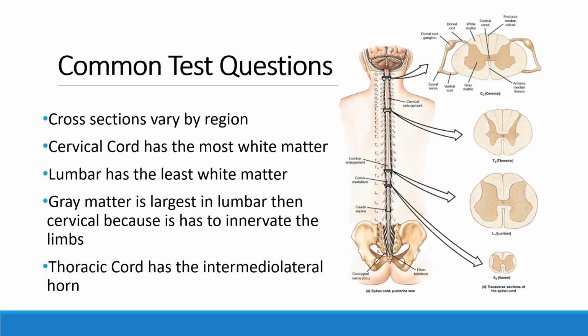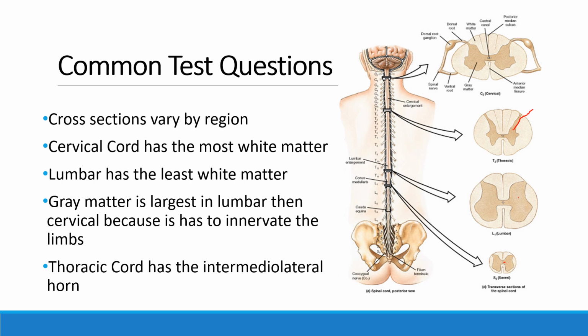Some common test questions that show up: the cross sections vary by region, so they're not identical from section to section. You saw what that looked like from the cervical cord to thoracic to lumbar to sacral. You can see the picture over here on the right, showing how the gray matter looks different in each area. Cervical cord has the most white matter.